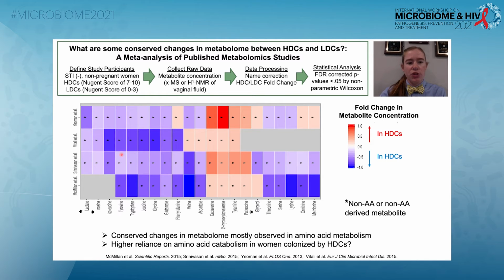The results are shown in this heat map where every row is a different metabolomic study and every column is a different metabolite that significantly and consistently changed in at least 3 out of the 4 studies. And of interest, most of these changes are in amino acid metabolism, possibly suggesting to us that there might be a higher reliance upon amino acid catabolism in women colonized by HDCs.